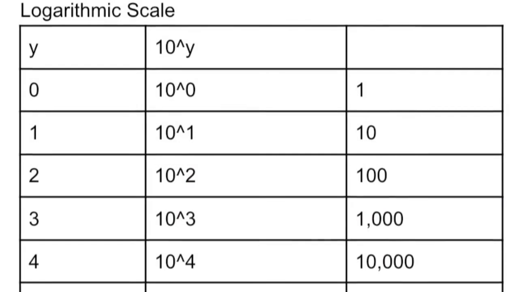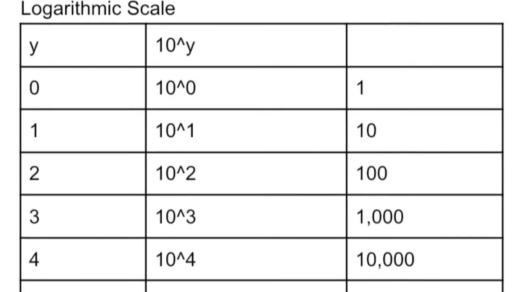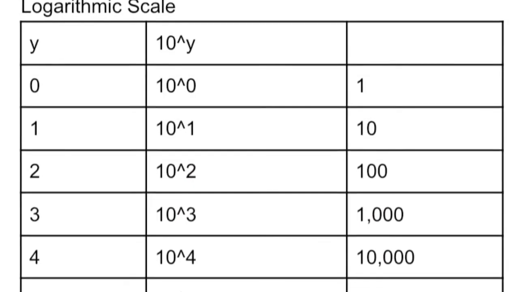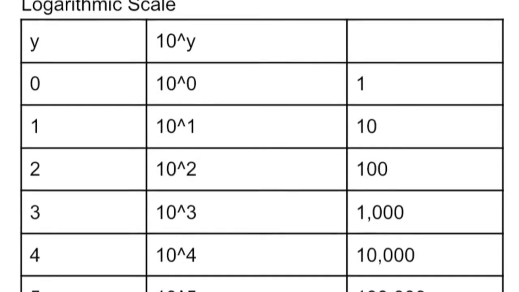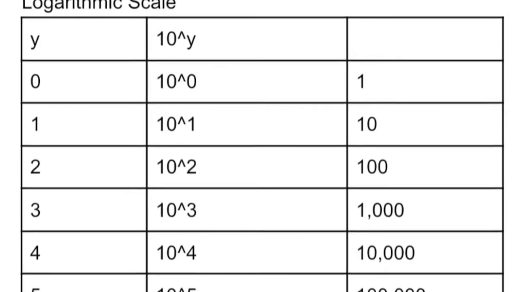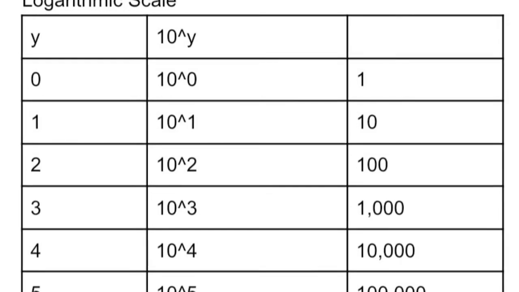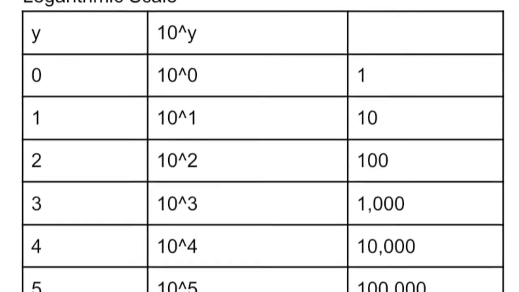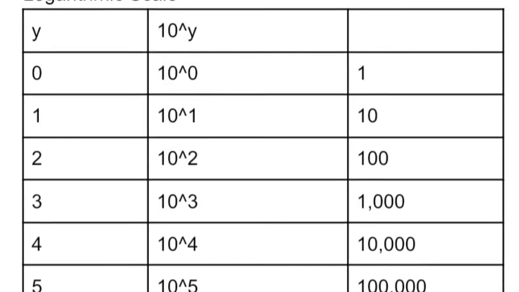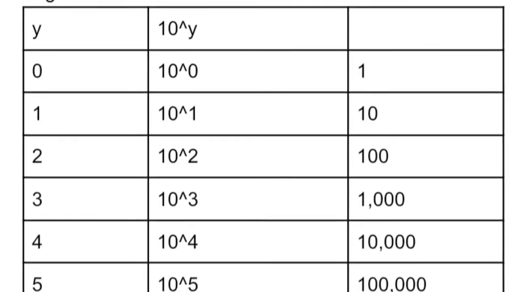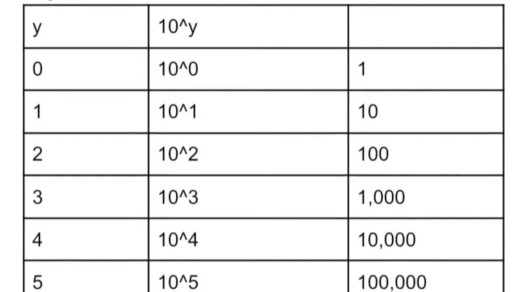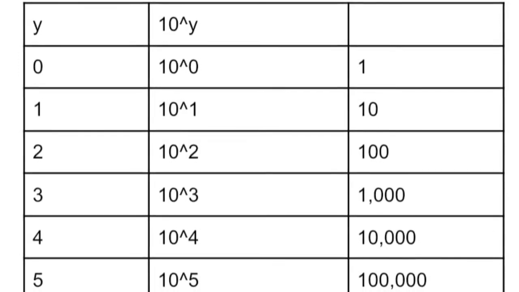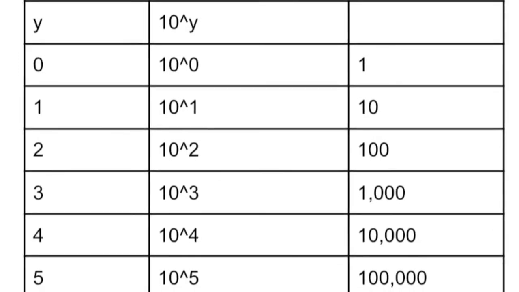You might ask, what is a logarithmic scale? Well, typically when we draw our y-axis, we jump evenly. We jump 10, 20, 30, 40, 50, 60, 70, 80, for example, or 100, 200, 300, 400. That's what we're used to. When we draw a logarithmic scale, we think about exponents, because logarithms and exponents are inverses of each other.